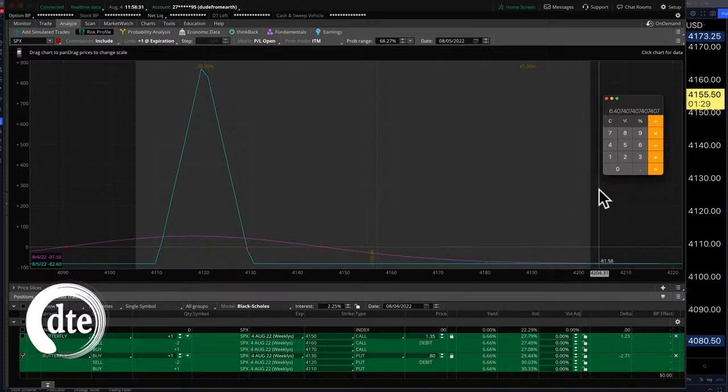Again, it's a 10 wide, so I can just say 10 wide, and the cost was 80 cents. So I'm going to subtract 80 cents, and my potential profit is $9.20. Divided by the 80 cents will give me my risk to reward. So my risk to reward is 11.5.